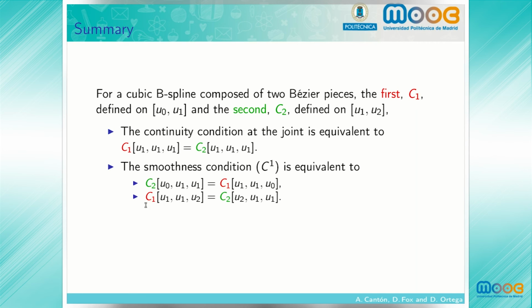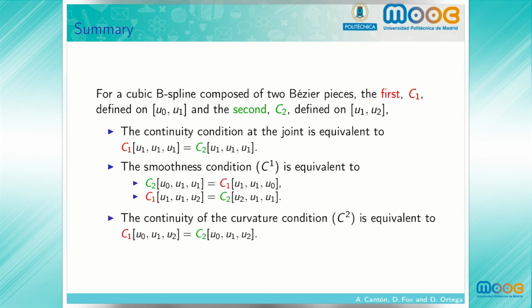That means that the lines defined by the polar forms with u1 fixed twice and t free parameter are the same parameterization. Finally, the continuity condition of the curvature, the condition of being C2, is equivalent to saying that the 2 polar forms are equal when evaluated at u0, u1, u2.